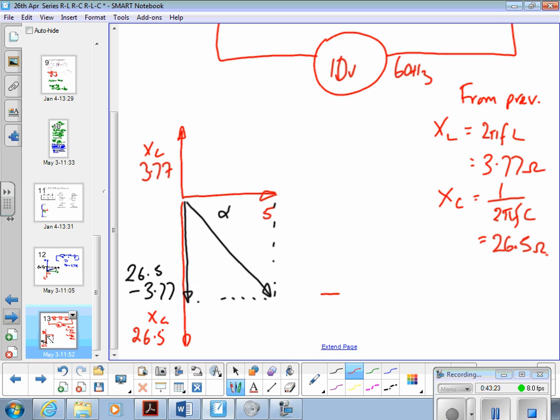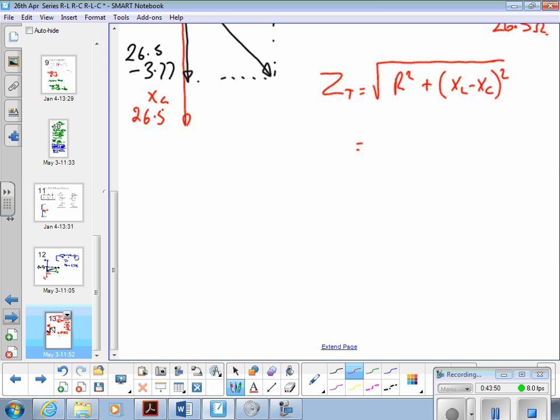So Z total is equal to the square root of R squared plus XL minus XC all squared. Follow that, yeah?